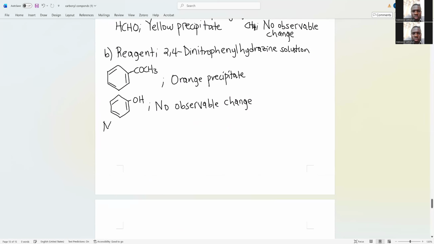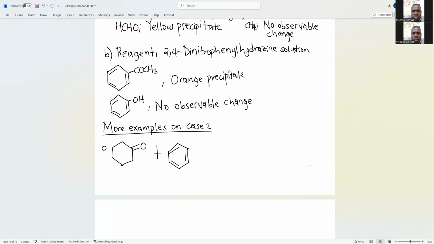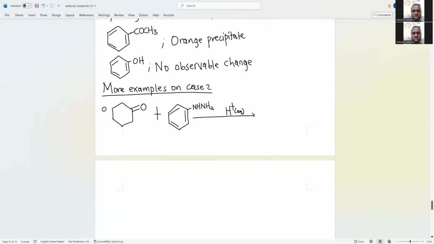So these are more examples on case 2. In this case, we have cyclohexanone with phenylhydrazine.